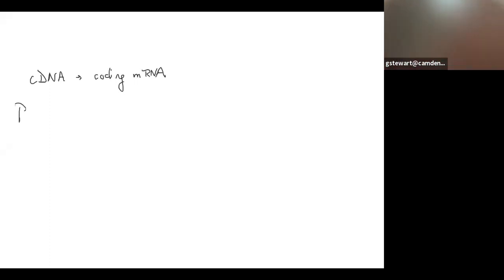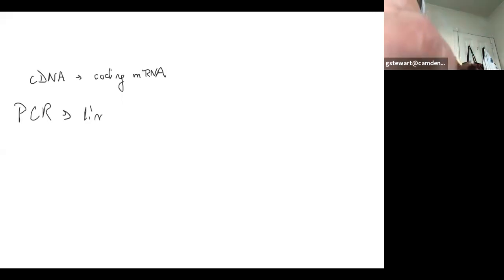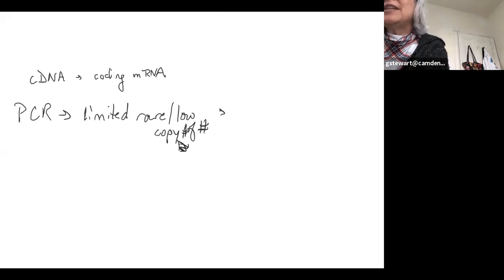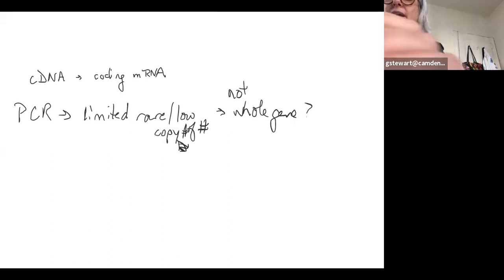When we do PCR, it's usually limited to not just a rare or low copy number piece of DNA. What we mean by that, copy number of DNA, a piece of DNA, is it's usually not even a whole gene. Right? Sometimes, but not always.